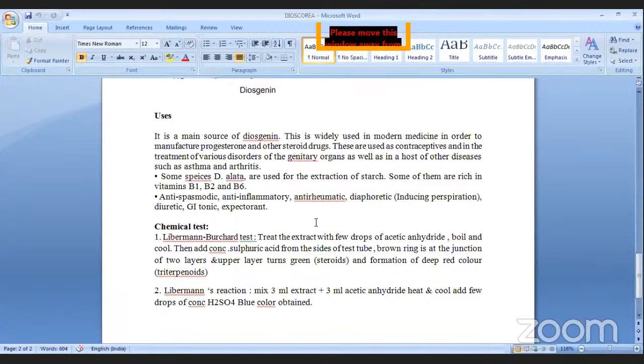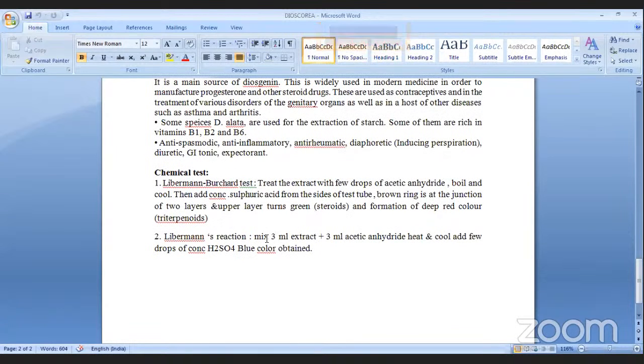So Dioscorea is also known as rheumatic root, as it is used in the treatment of rheumatic arthritis. The synonym of Dioscorea is rheumatic root.